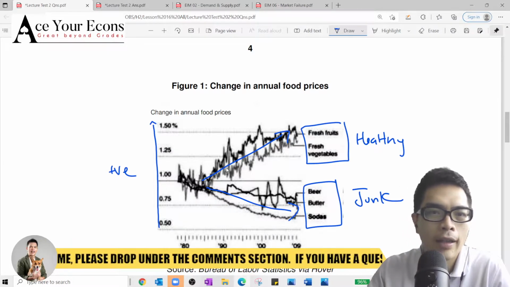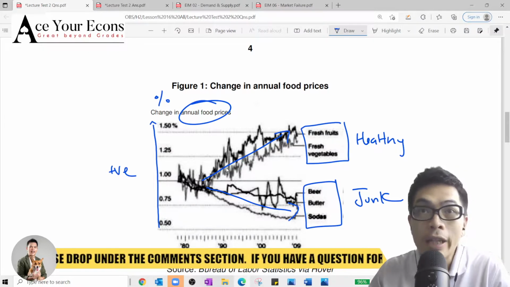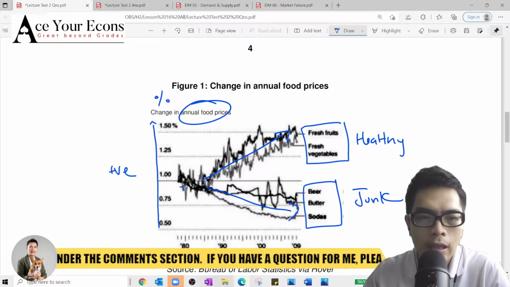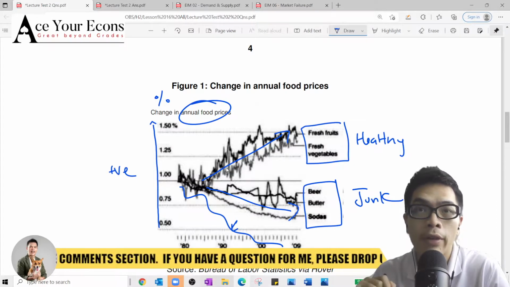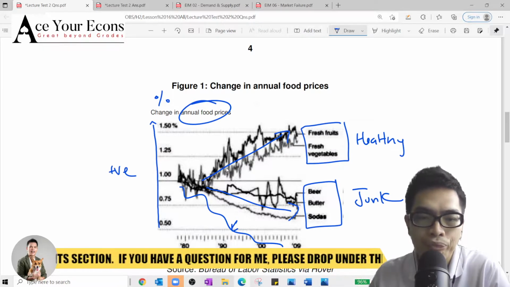Look at the y-axis, it is always positive. The only instance that it falls is if the line goes down and cuts the x-axis. Then we can safely say that junk food experienced a fall in price.